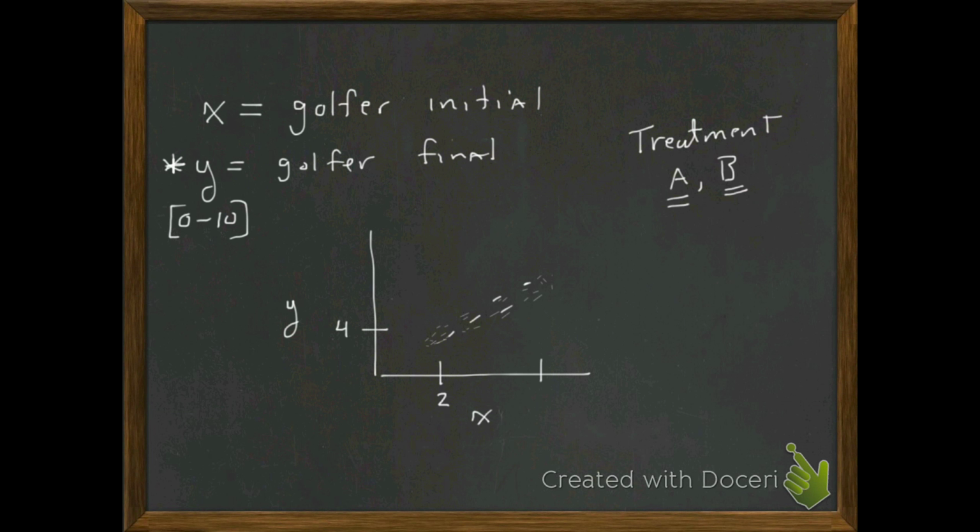We have someone else who's a really good golfer who comes in at a 9, and they leave at a 9. So in that situation, you would say that the treatment wasn't effective. It didn't hurt the golfer, but it didn't improve.